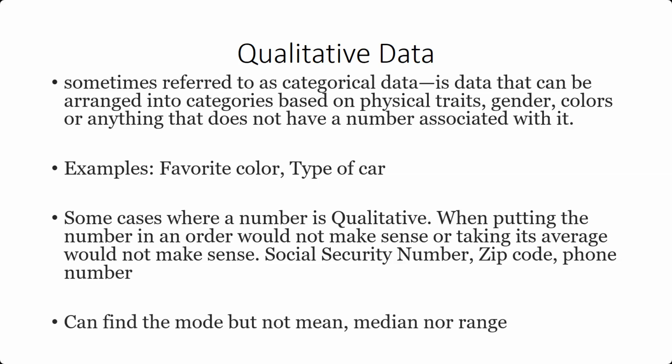But if you're using the letter grade, you cannot add them up. You can't find the middle, well, as long as there's an odd number of them, you can. So for the most part, you can't find the median and you can't find the range, but you can find the mode. So qualitative data, not a number, you can find the mode, since you cannot find the other.